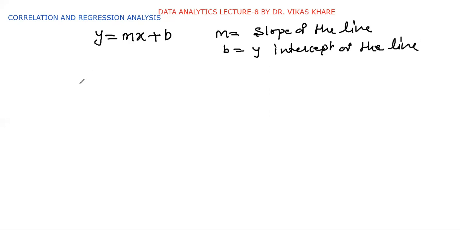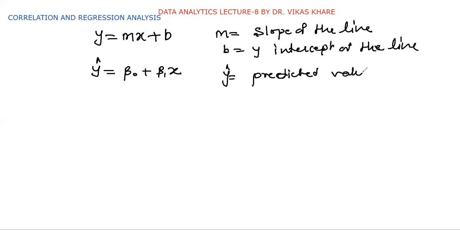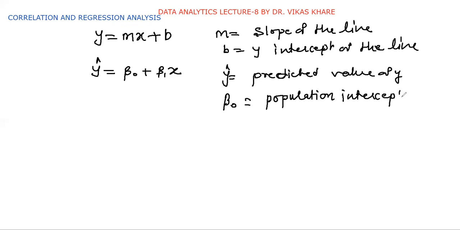So this equation in statistics is also represented by y is equal to beta naught plus beta 1 with respect to the independent parameter x, where y is the predicted value of y, beta naught is the population intercept and beta 1 is the population slope.